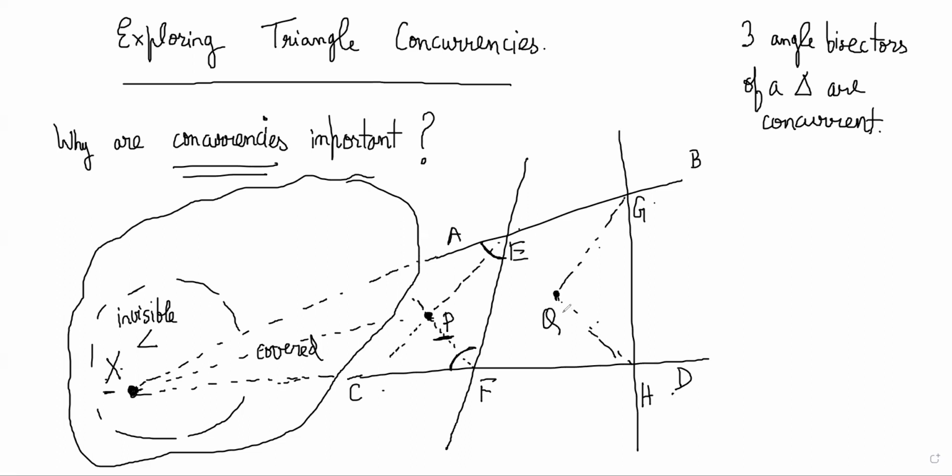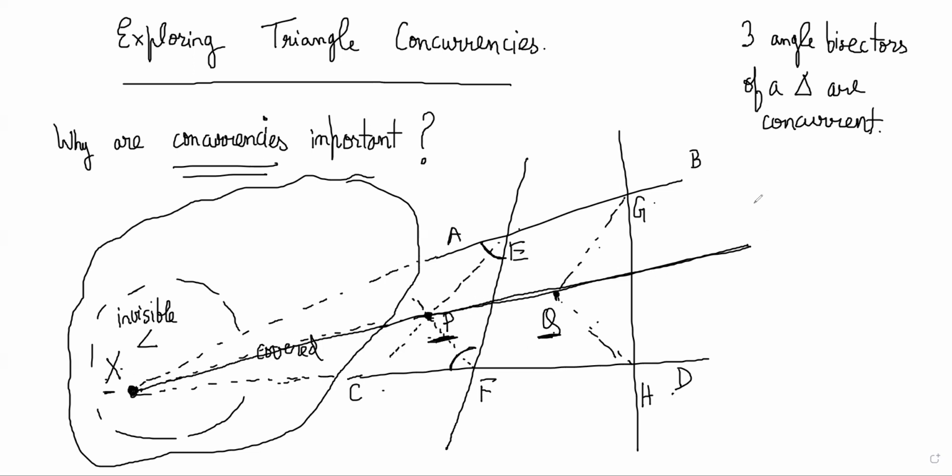Therefore, this point Q also lies on the angle bisector passing through the point X, which was invisible to us. Now I have two points which determine the line completely. P and Q lie on the angle bisector of this unknown angle, and therefore I can find the line.